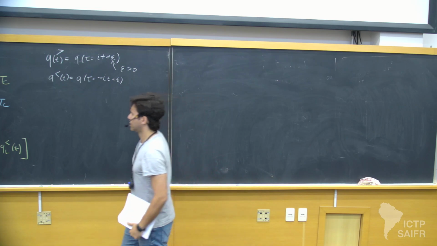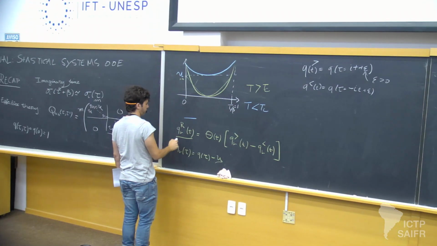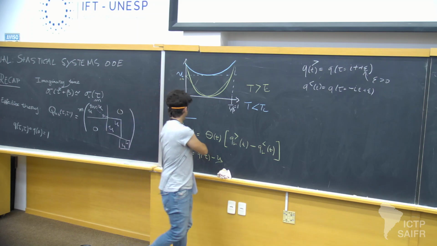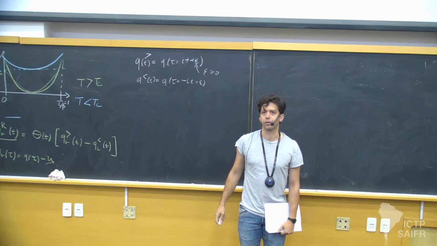So this Euclidean correlation function of Q_R will start at 1 minus u. What about the retarded correlator for Q_R? Where do you think it'll start?